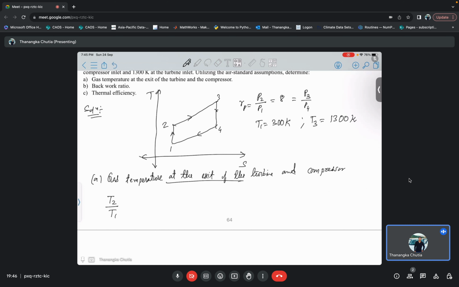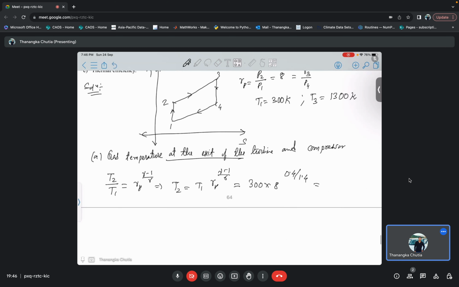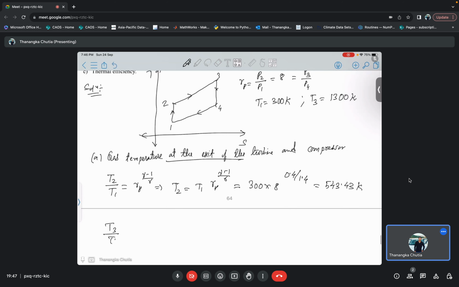So T2 divided by T1 is equal to Rp to the power gamma minus 1 divided by gamma. So T2 is equal to T1 into Rp to the power gamma minus 1 divided by gamma. T1 is 300, Rp is 8, 0.4 by 1.4, which gives 543.43 Kelvin. Again, T3 by T4 is equal to Rp to the power gamma minus 1 by gamma.